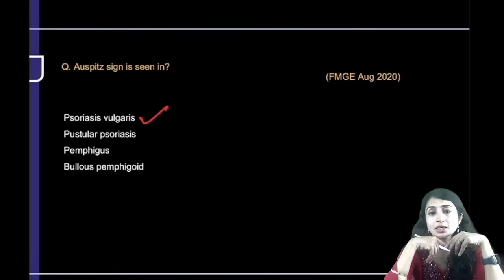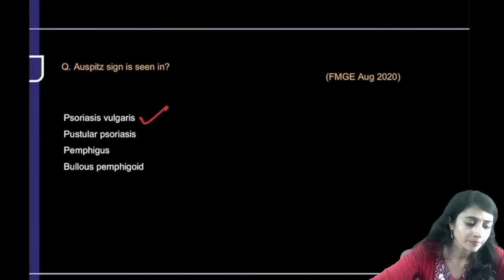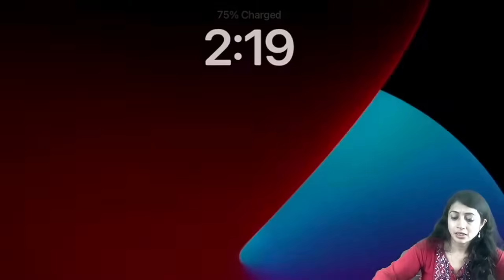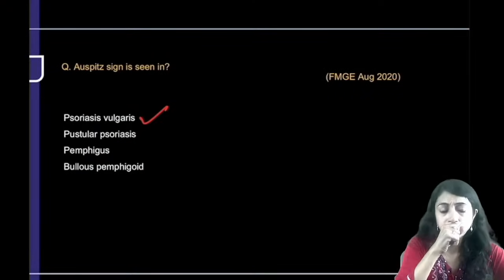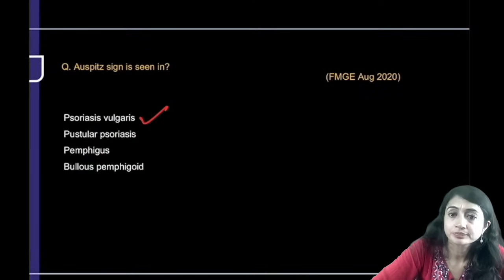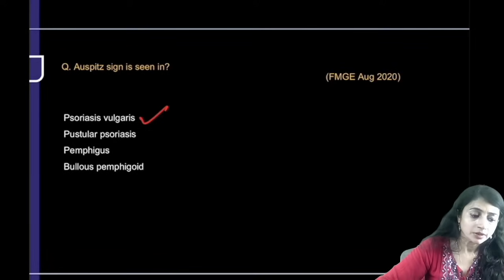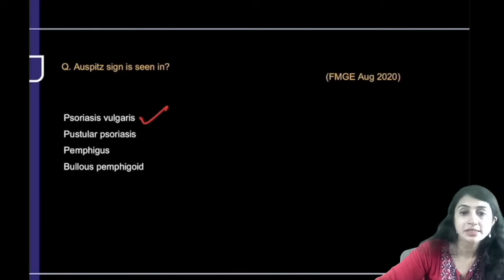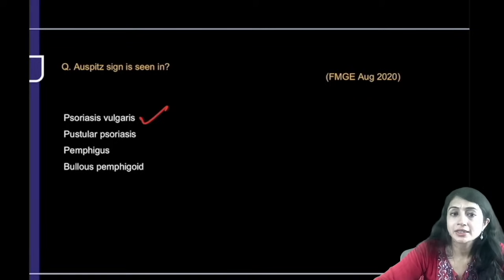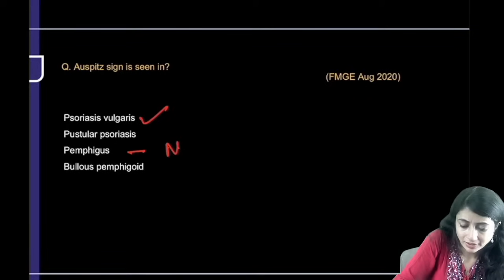What is the sign that I see in pemphigus vulgaris? Yes, we see Nikolsky sign. Nikolsky sign is seen in pemphigus vulgaris.